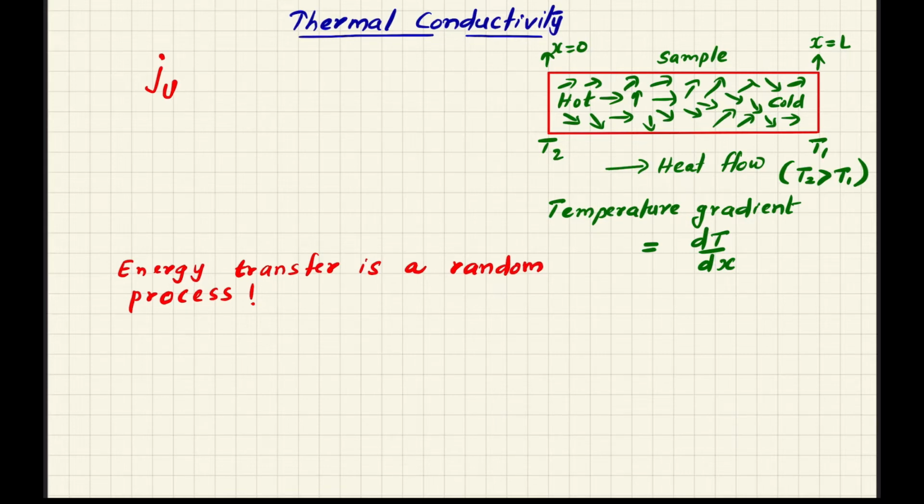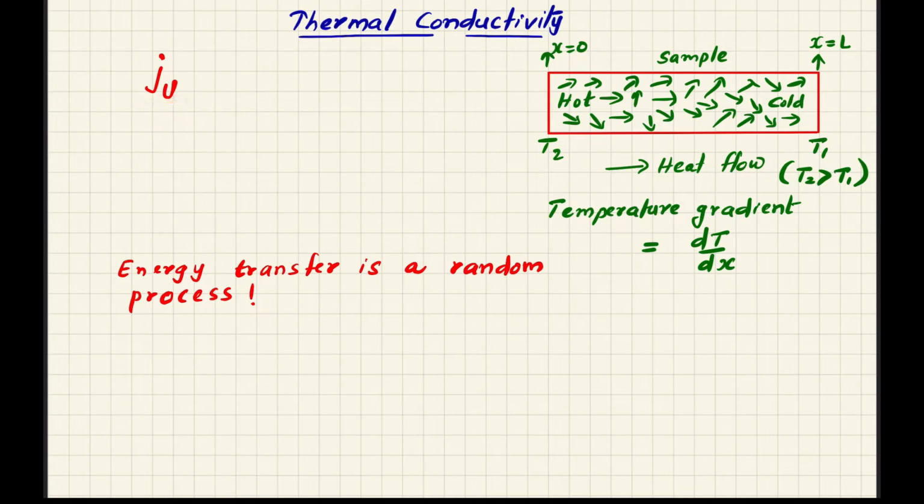You consider a unit area inside this crystal, and you calculate the heat which is transferred per unit area, per 1 meter square per unit time. So, that will be the flux of thermal energy, which is denoted by J U.